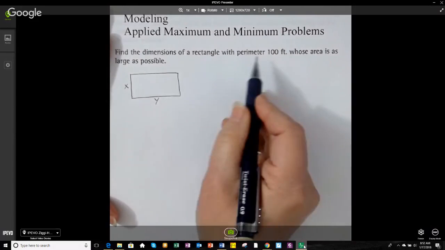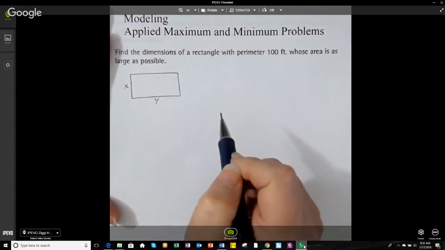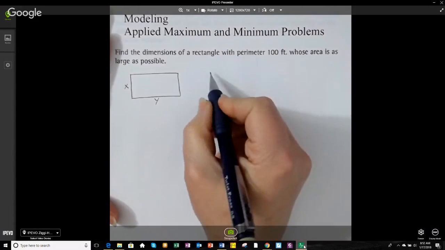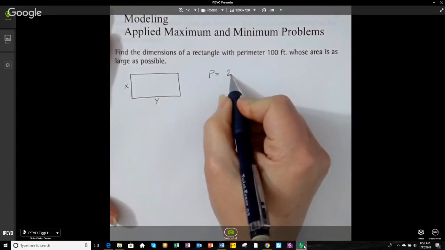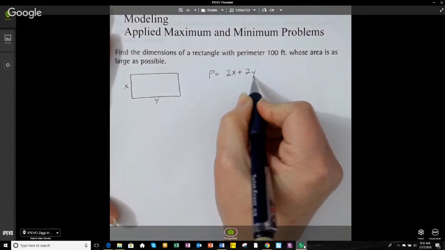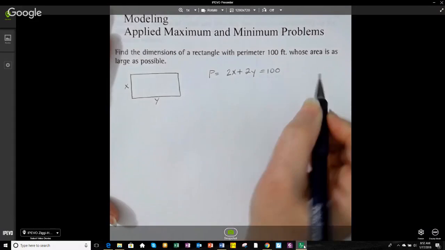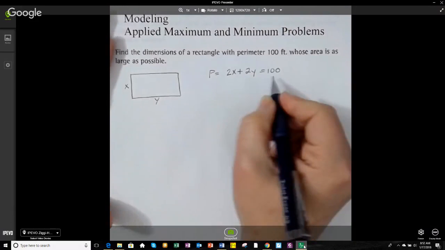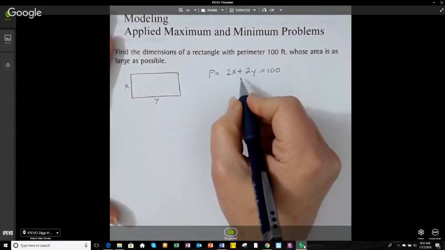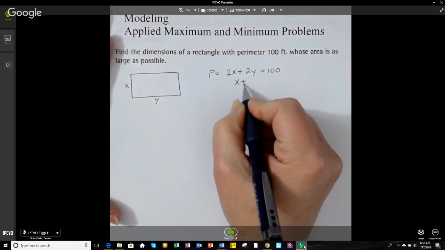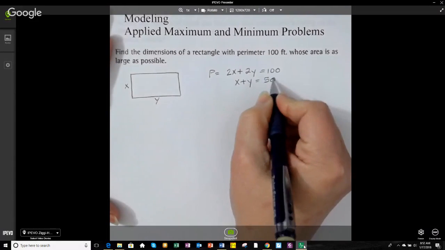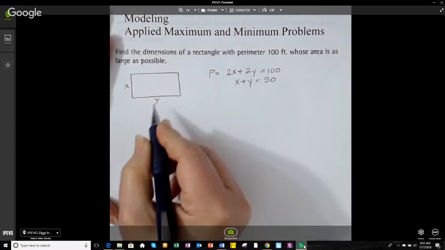The constraint is that the perimeter has to equal 100 feet. So the expression for the perimeter is going to be 2X plus 2Y equals 100. And I could reduce this equation by dividing everything by 2 and state that X plus Y has to equal 50.